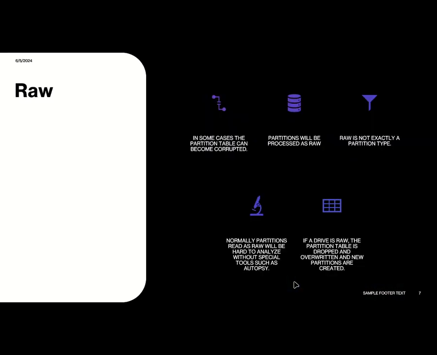Okay, with that in mind, there may be a case where the partition table can become corrupt. If the partition table becomes corrupt, you find that partitions will be read as raw drives. And this is because the system is unable to identify the partition type. Okay, and because of that, it will automatically be read as raw.